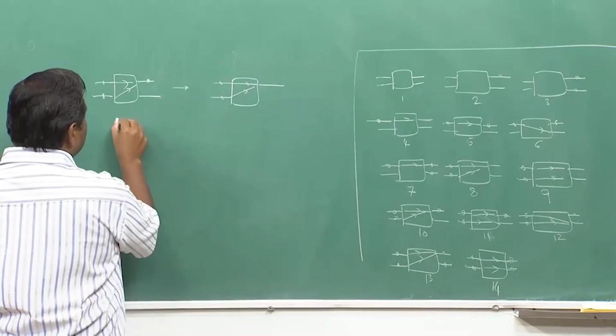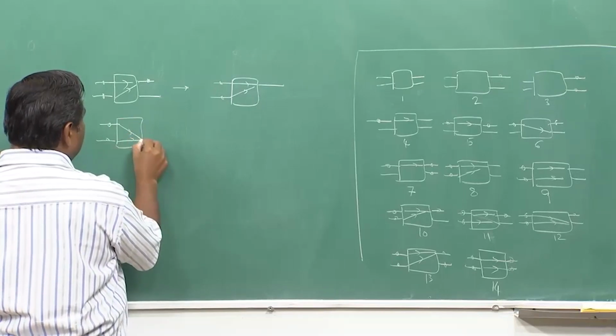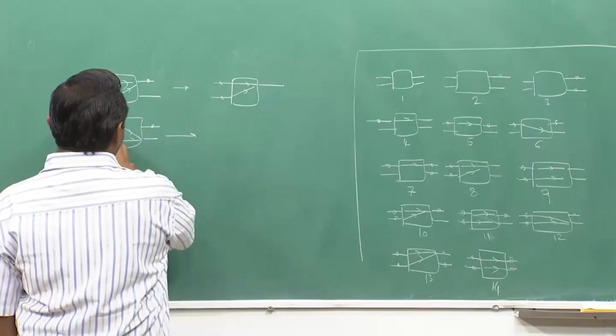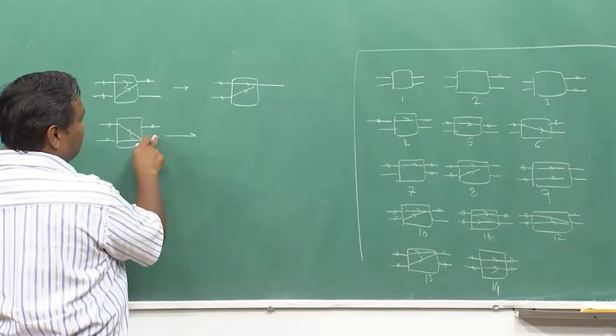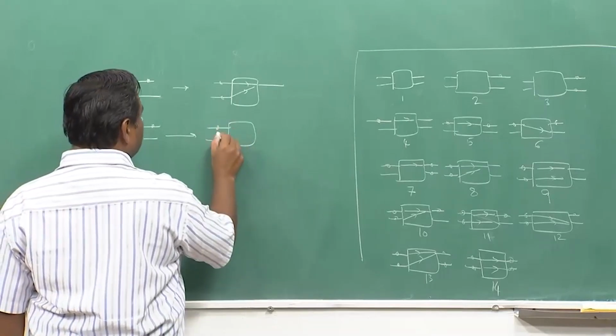Or if these 2 packets are both directed towards the bottom, then one of the packets will be transferred here in the current slot, this will be read out, and I will be in this situation.